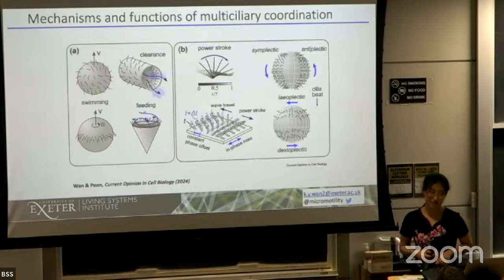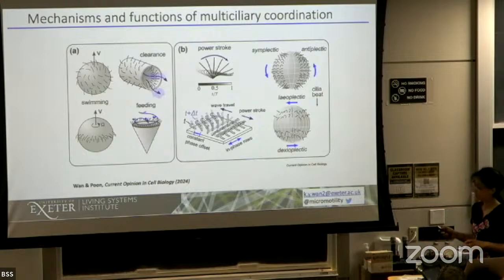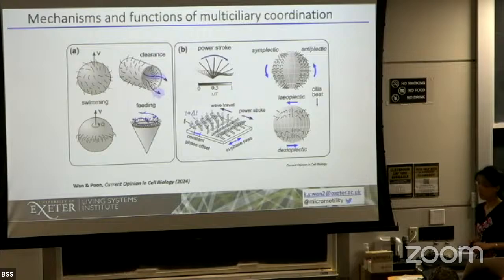And so you can find all sorts of configurations of these arrays of cilia that are relevant, whether for swimming, mucociliary clearance, or for feeding potentially. And they almost always share this feature that there are coordinated waves of activity whenever you have an array of them. So in this picture, imagine that each element is doing this power and recovery stroke, this asymmetric pattern, and then you place them on this grid.